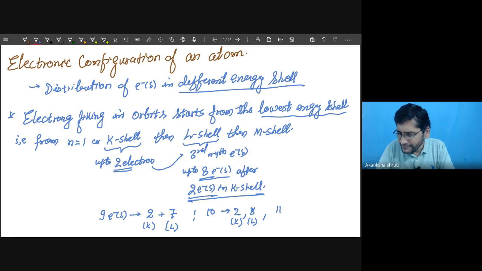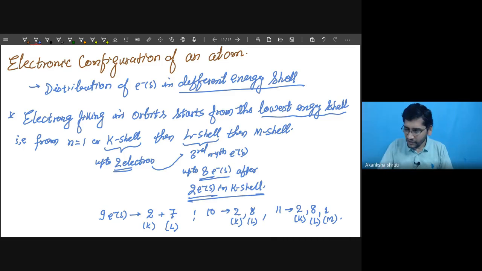But if you have 11 electrons, then 2 in K shell, the next 8 can go in L shell, and whatever one remains, because 11 minus 2 minus 8 means total 10 have already been distributed, the remaining 11th electron will go in M shell.